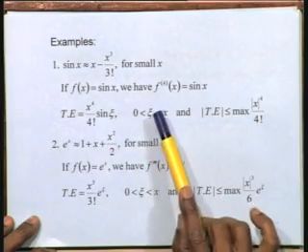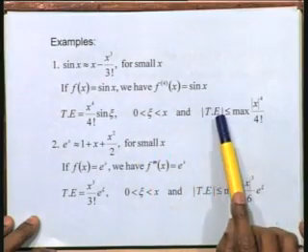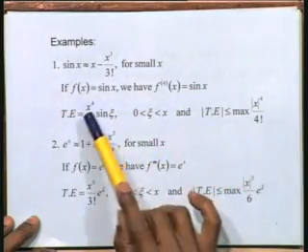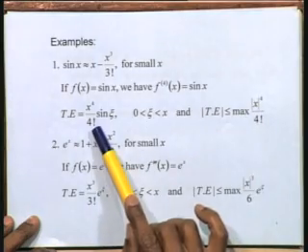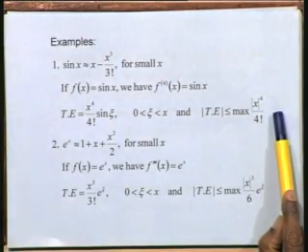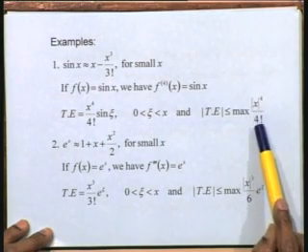Now, I can always bound this by taking its magnitude. So, I can write the maximum of magnitude of x to the power of 4 divided by factorial 4. Magnitude of sin xi is always less than 1, so I can simply write the maximum of x to the power of 4 by factorial 4.